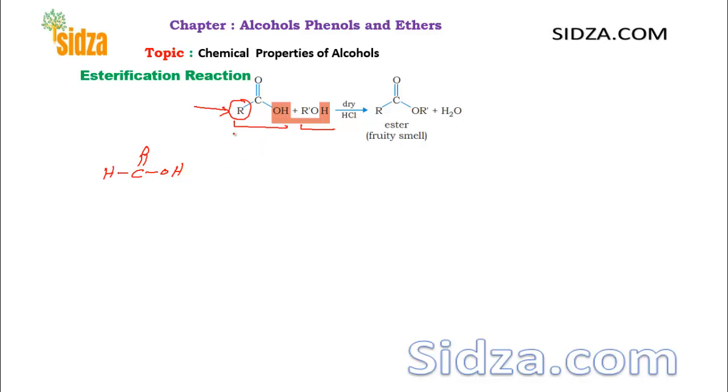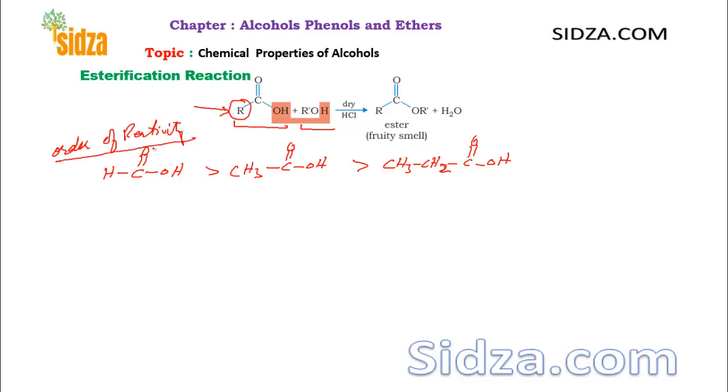So the order of reactivity of the different carboxylic acids can be written as formic acid, since it has hydrogen there, it will be the maximum one. Then CH3COOH, and then CH3CH2CH2COOH. As the size of the alkyl group increases, the reactivity will decrease. This is the order of reactivity of the different carboxylic acids.